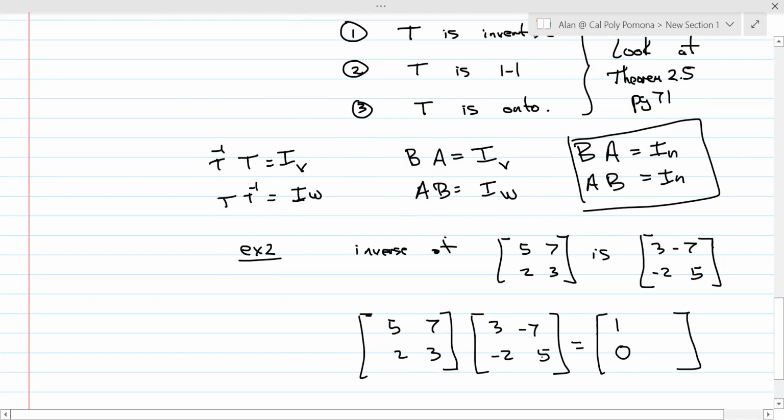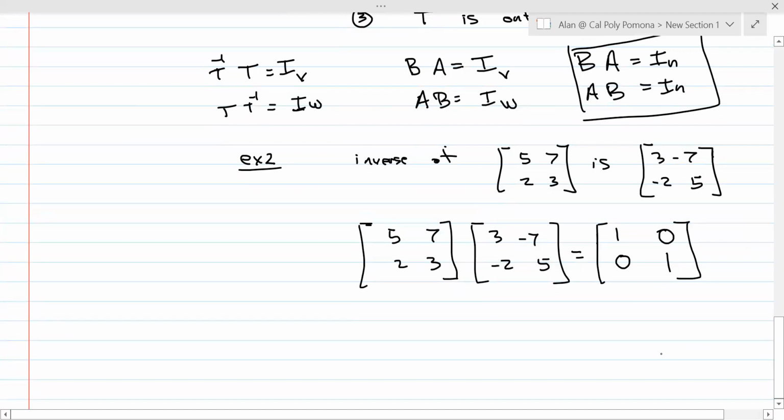Then the first row times the second column would be 5 times minus 7, which is minus 35, plus 7 times 5, which is 35, so this is 0 again. And then finally, last row times the last column, 2 times minus 7 is minus 14, 3 times 5 is 15, 15 minus 14 is 1. So that's the verification there, that's half the verification. I'll leave it to you to check the other one, but it's virtually the same kind of thing.